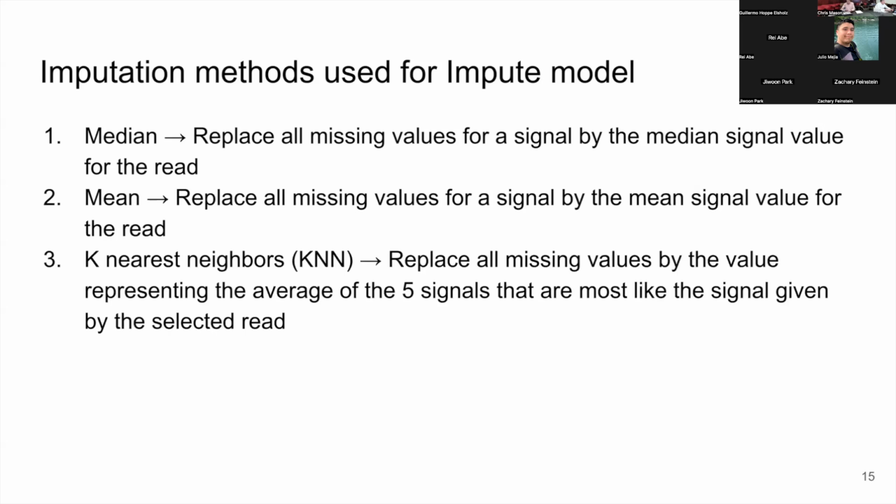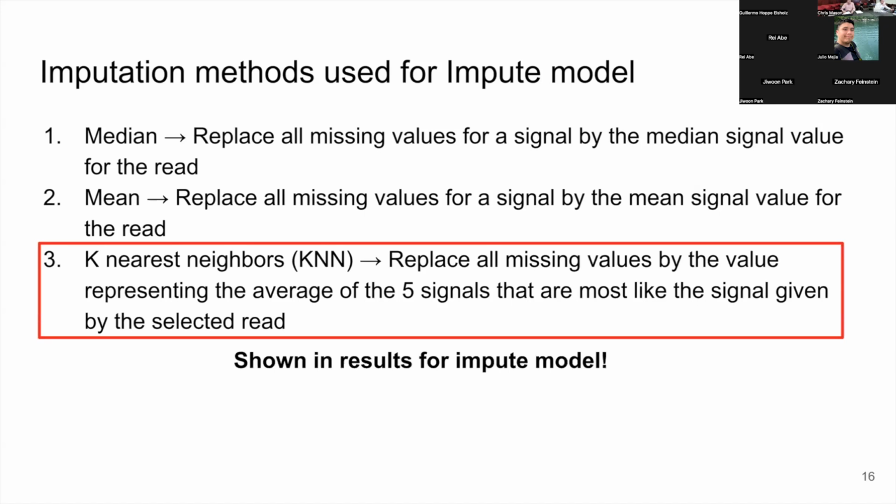And then we also tried a k-nearest neighbors approach, which took the 5 most similar signals and replaced missing values with the average of the 5 most similar values to that read that had missing values there.